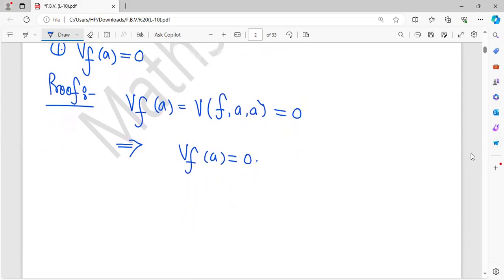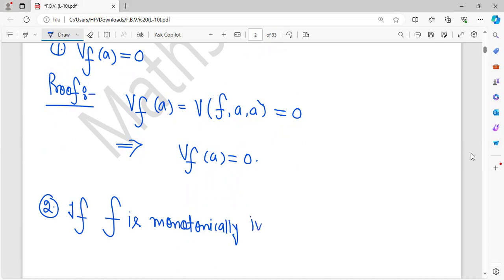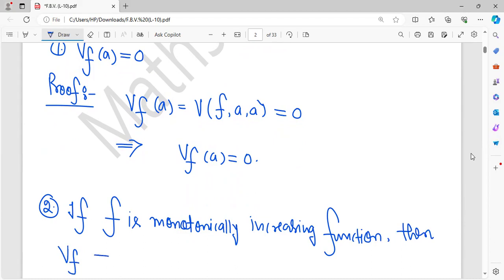So the second property: if f is a monotonically increasing function, then the variation function of this is nothing but equal to f minus f(a).